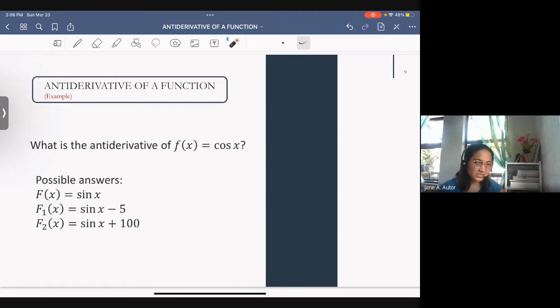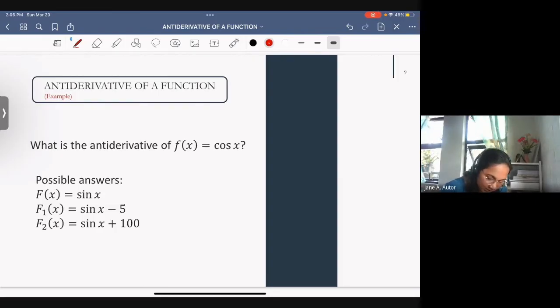So we say that the general antiderivative of a function is the general way of representing all possible antiderivatives of a function. So for instance, given small f of x equals cosine x, how are we going to represent generally the antiderivative of the function?